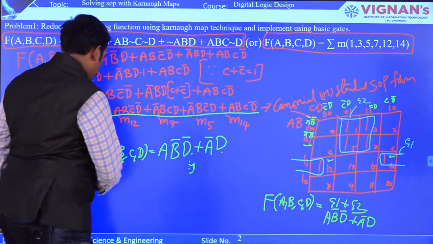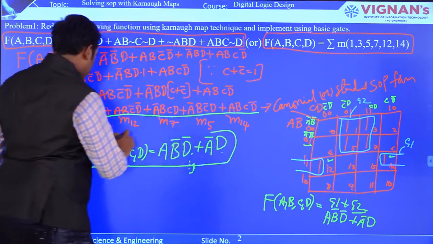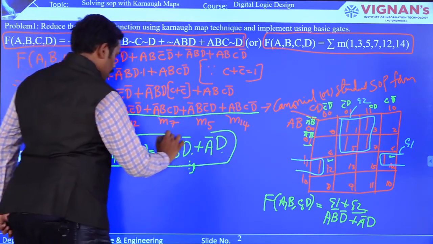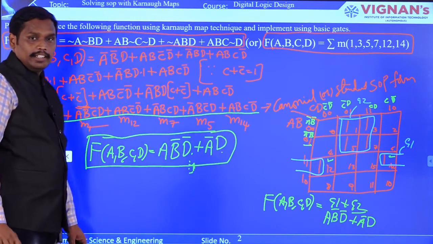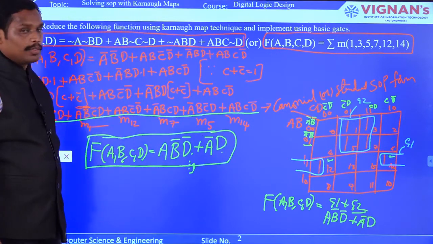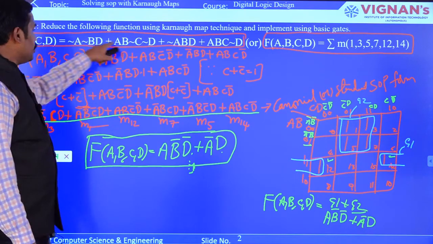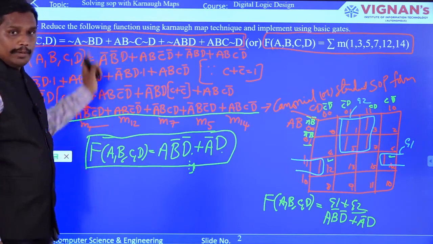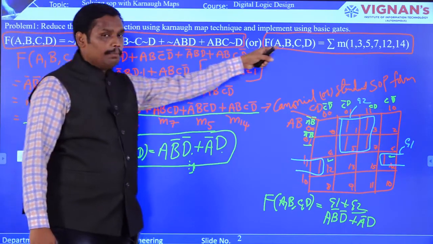So this particular form is a simplified SOP form. Are you getting it? This is how you have to solve a given problem. So this is how the questions can be given, that is in Boolean expression form as well as min-term form.